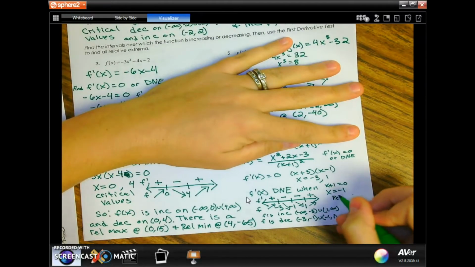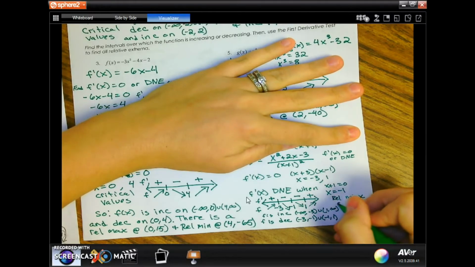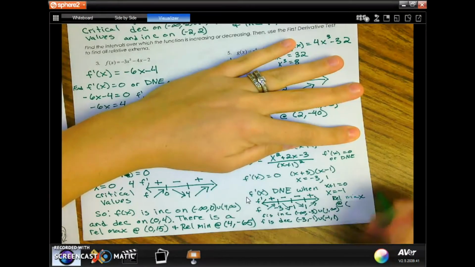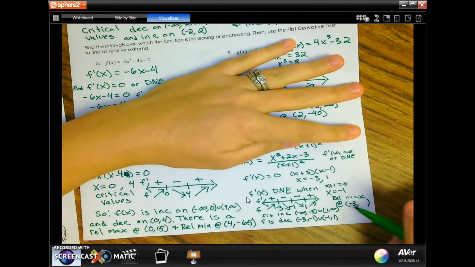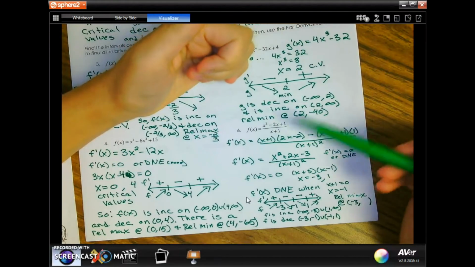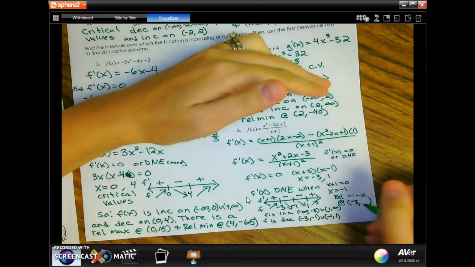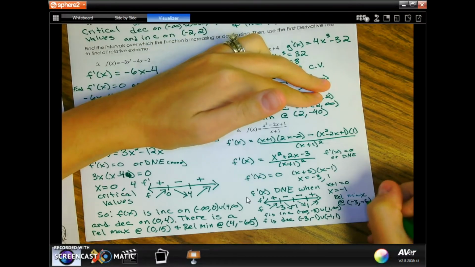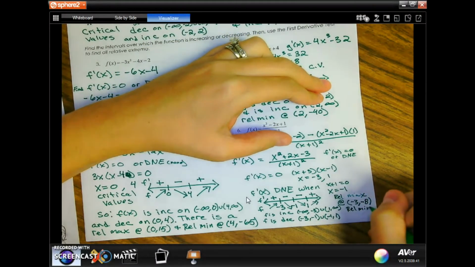So there is a relative max at, well, the maximum was at this -3. And if you wanted to be more precise to get the point, I'd have to take -3 and plug it back into the original. So if you plug -3 back into the original there, I got a -8. And then I can say that there's a relative minimum.